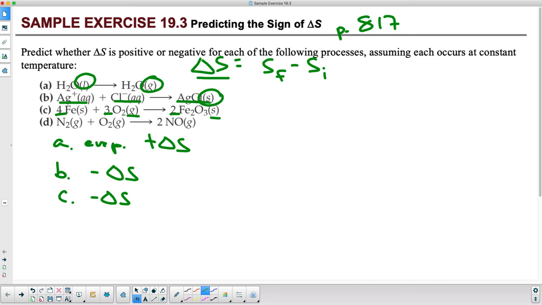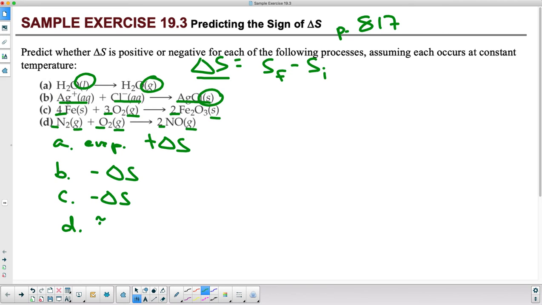And then finally for D, D's an interesting case because we have 1 mole here, 1 mole here, and we have 2 moles on the right-hand side. Notice that they're all gases here. So there's probably going to be some change of entropy, but honestly you really can't be sure, because there's nothing that we've used in the previous problems or in the notes that would tell you one way or the other.